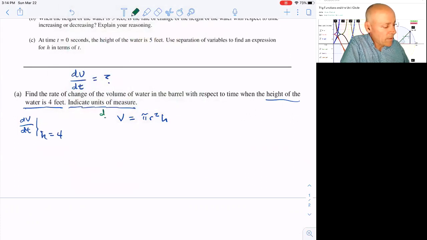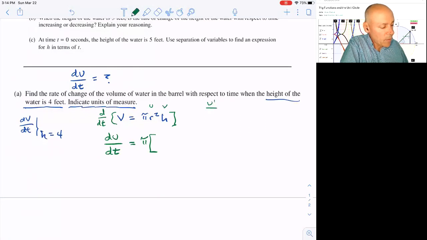And then if we take the derivative with respect to time of both sides of our equation, we get dV/dt is equal to pi, and now we're going to need the product rule. So I'm going to call r squared u and h v. And so u prime is going to be 2r dr/dt, and v prime is going to be dh/dt.